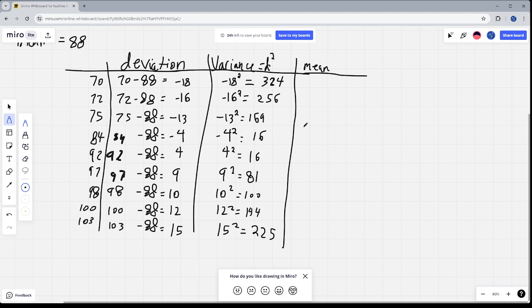So same way we did before, where we added them all up and divided it by our number of numbers, which again in this case was 9.